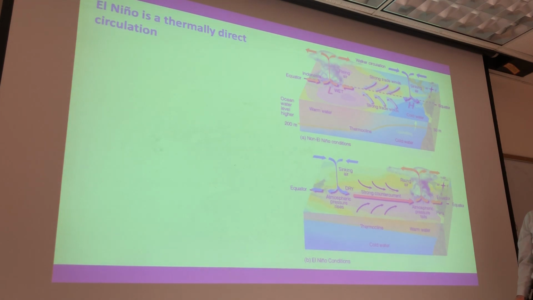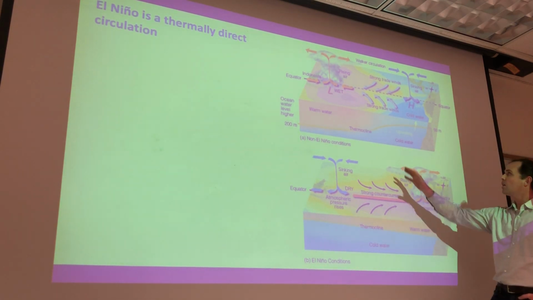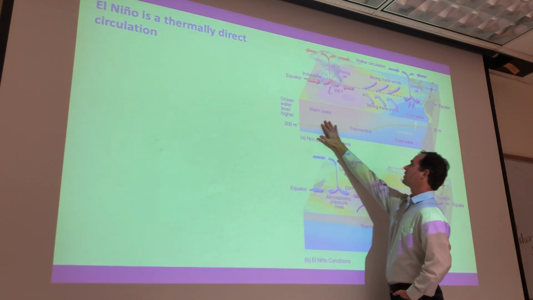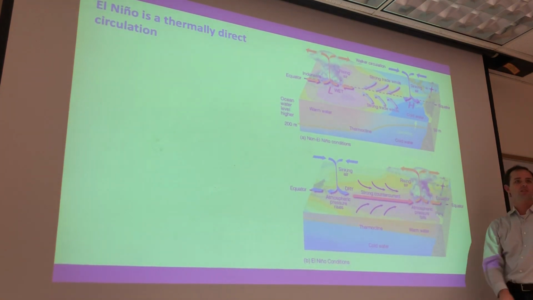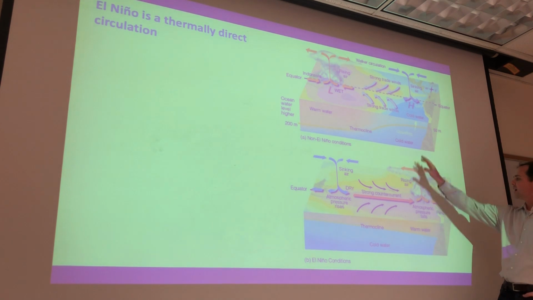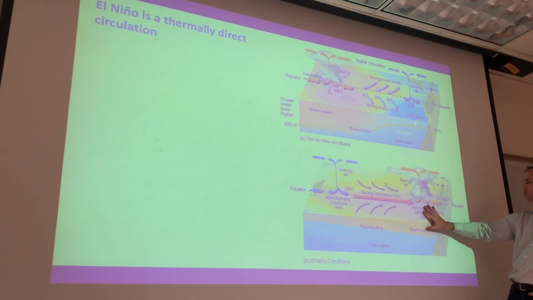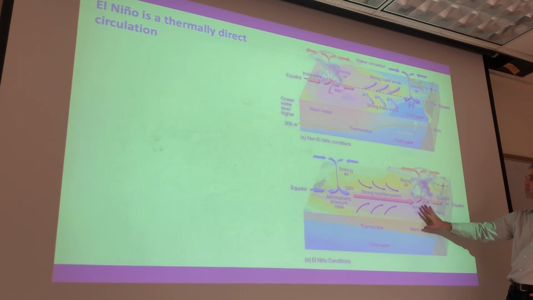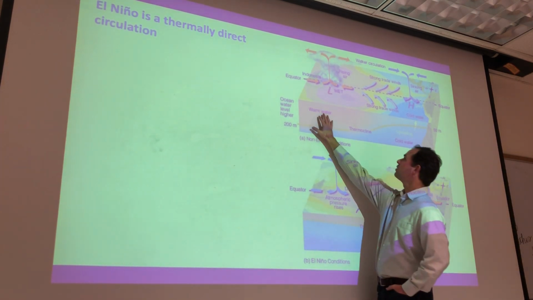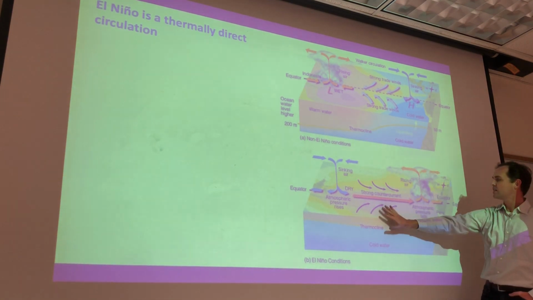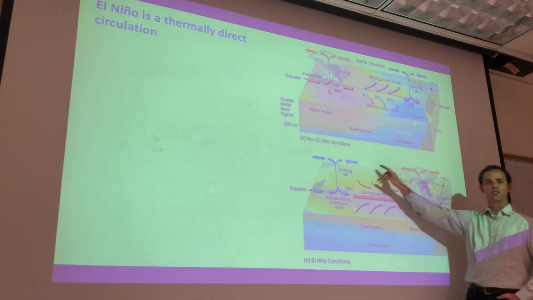However, during El Nino conditions, that warm water from the Western Pacific sloshes over towards the Eastern Pacific. You bring this relatively warm mass of water over here, and this moves the low pressure from over Indonesia towards South America, and the convection and circulation follows it.